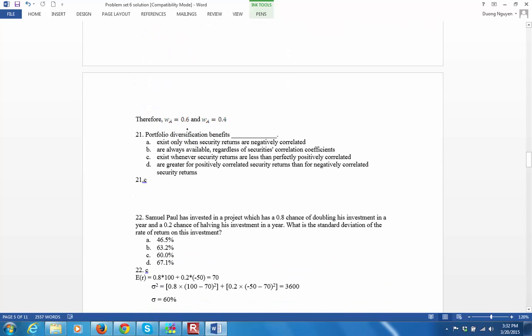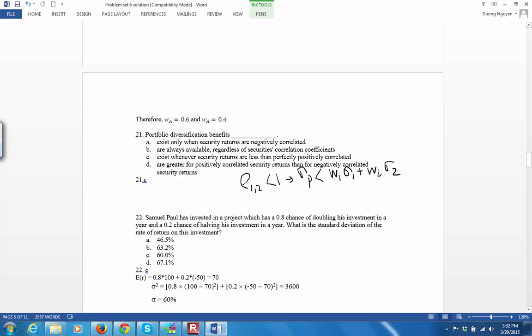Number 21, portfolio diversification. As long as the correlation between 1 and 2 is smaller than 1, the standard deviation of the portfolio will be less than the weighted average standard deviation, because you are able to eliminate some of the firm's specific risk.